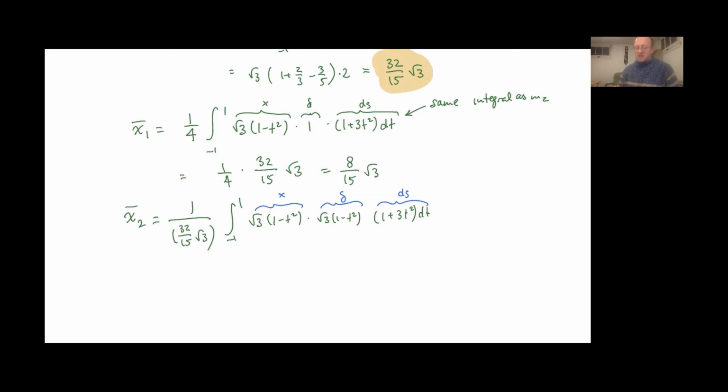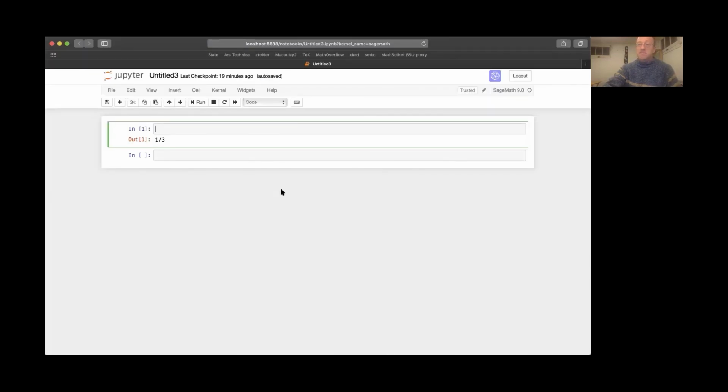All it requires is a little bit of patience to multiply stuff out, or a computer. So let's just enter this one into a computer. I happen to have a Sage workbook open here.